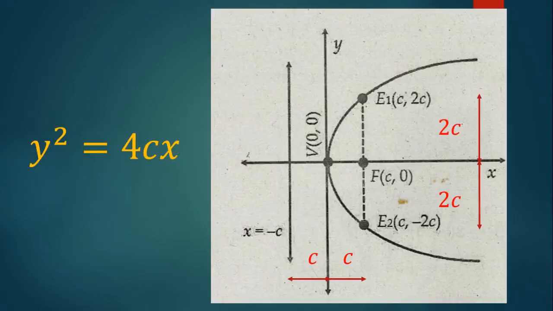And then the vertical distance is also 2c pero nasa fourth quadrant kaya negative yung ating 2c. So kaya ang ordered pair ni E sub 2 will be (c, negative 2c). Okay? So itong equation na to, equation ng parabola, vertex at the origin, curve opens to the right, axis of symmetry along x-axis.